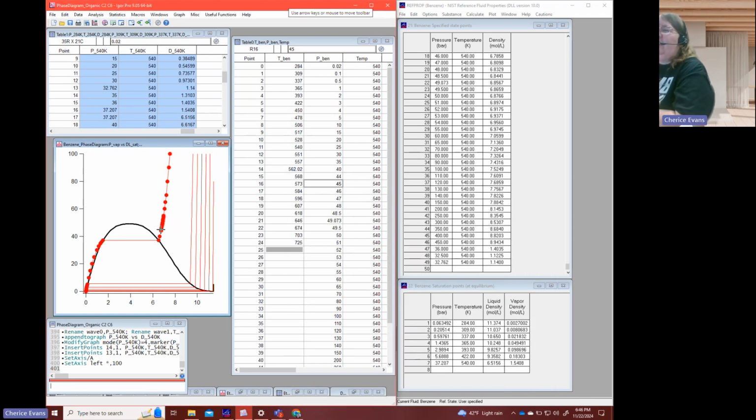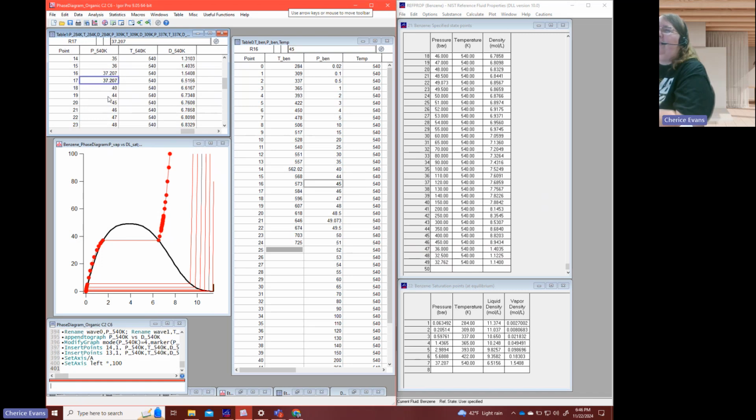And then on this side, you can see I have way too many points in the region where it doesn't change. So here's where the change is.